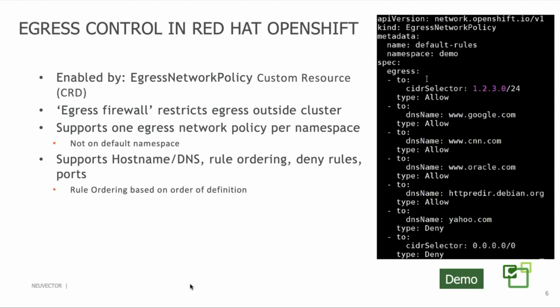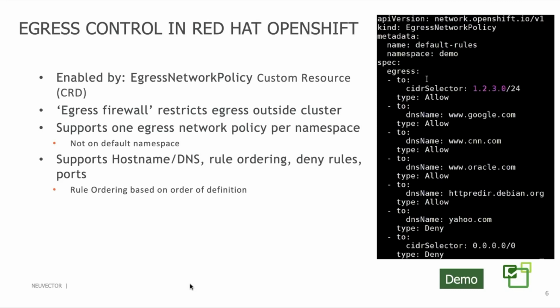And then to define the policy, OpenShift supports one EgressNetworkPolicy per namespace, and it's not allowed on the default namespace. So all of your rules need to be put into a specific namespace egress policy.